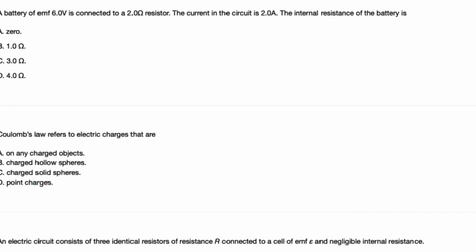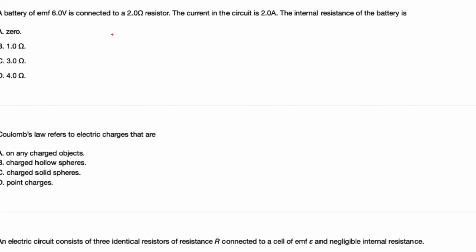A battery of 6 volt is connected to a 2 ohm resistor. The current in the circuit is 2.0 ampere. What is the internal resistance of the battery? It is connected in series. You can visualize this by drawing a circuit, but I'm not going to do this just to save some time.